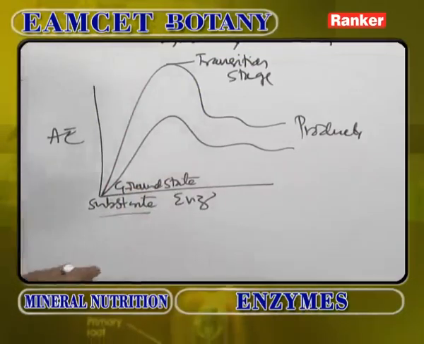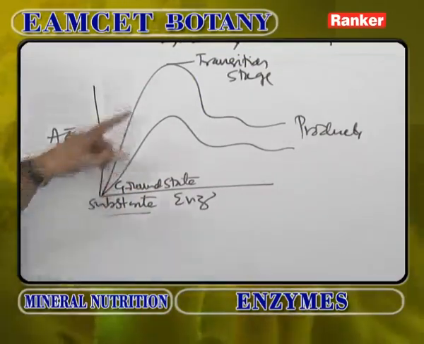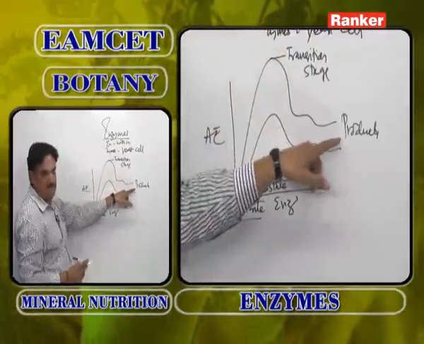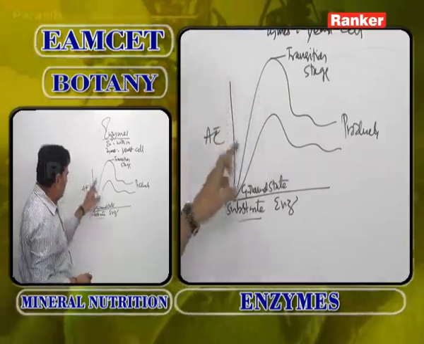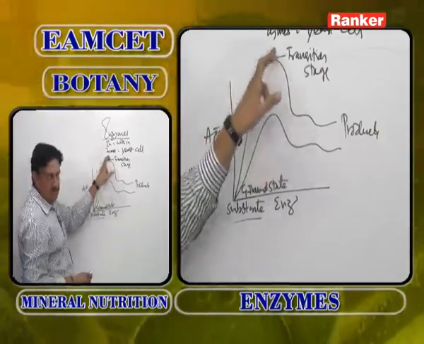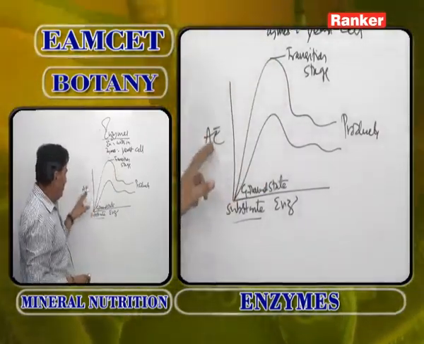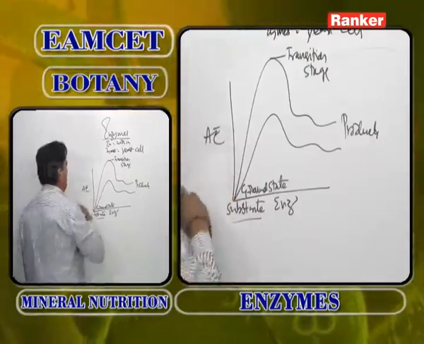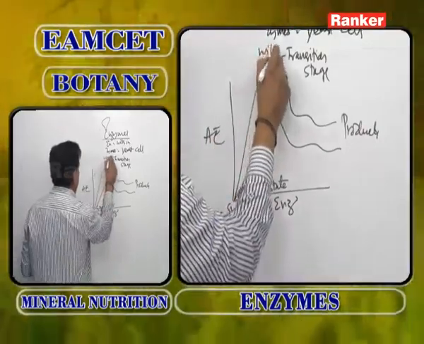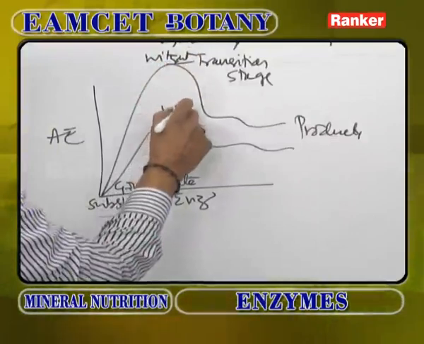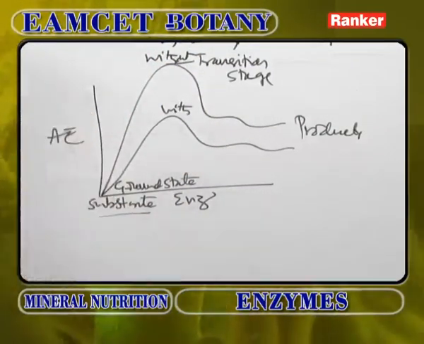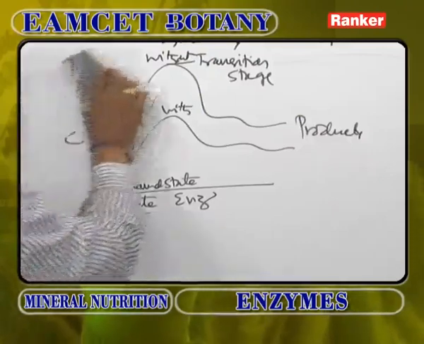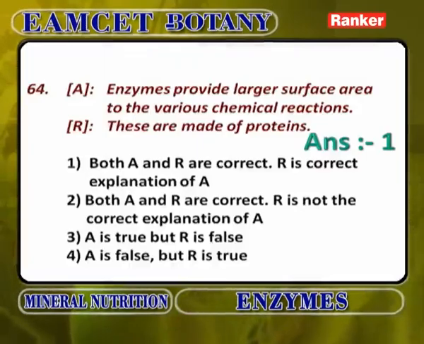The activation energy is the energy which takes the ground state of a substrate to transition state so that it easily converts into products. When enzyme is not there, the activation energy taken is maximum, so sometimes substrate also disintegrates. This is without enzyme and this is with enzyme. When enzyme is there, the utilized activation energy will be less and substrate is easily converted into products.